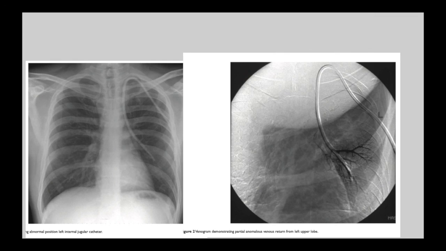And this is another radiograph of a patient post-catheterization via the left internal jugular vein, and proceeded with venogram showing that there is a catheterization of a left-sided partial anomalous pulmonary venous return.